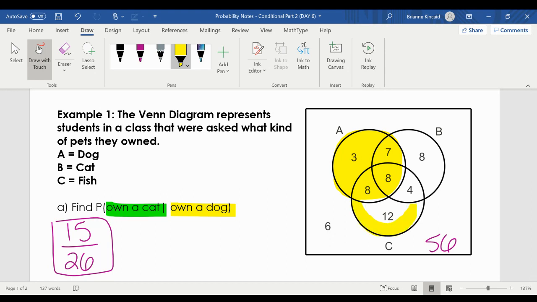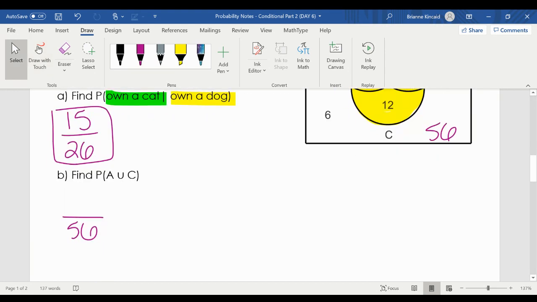and all of circle C, which is going to be 42. Now from here, I can go through and reduce this down to 3 over 4.